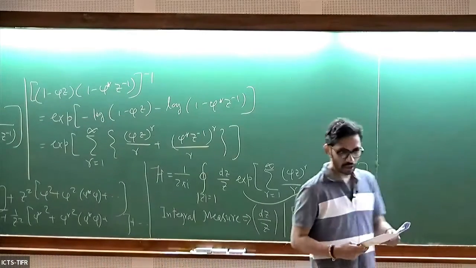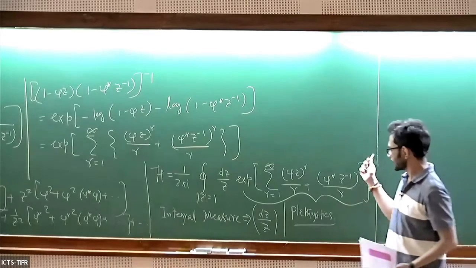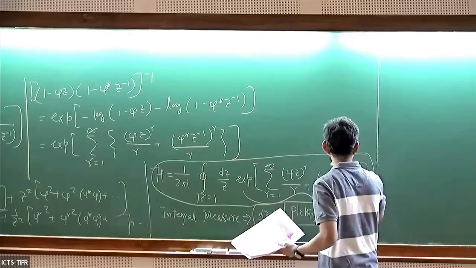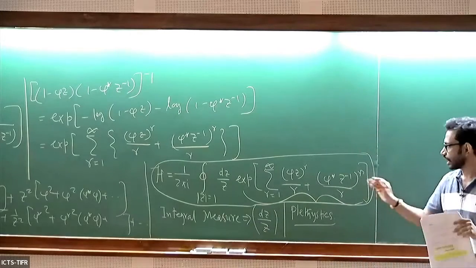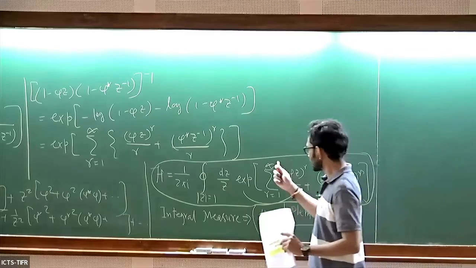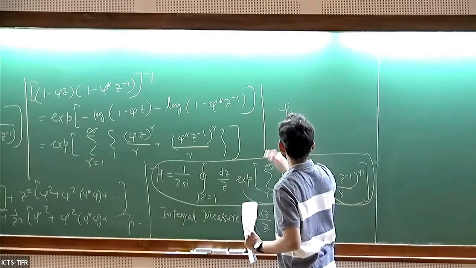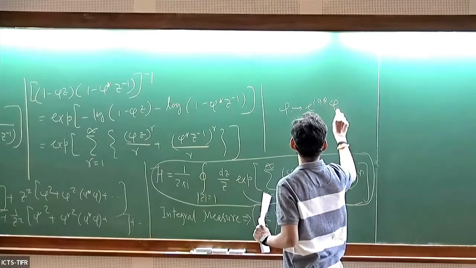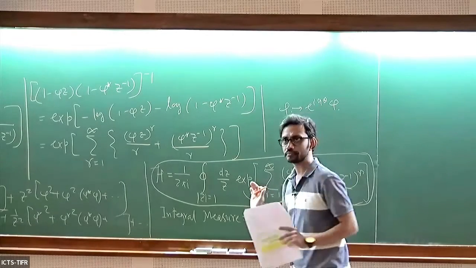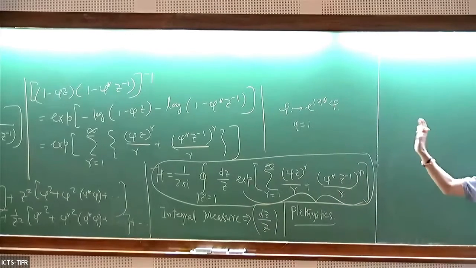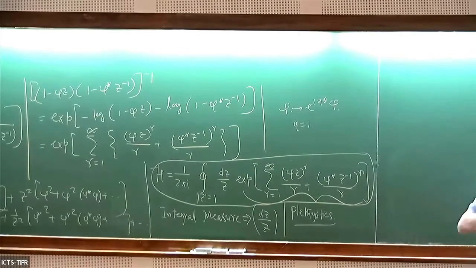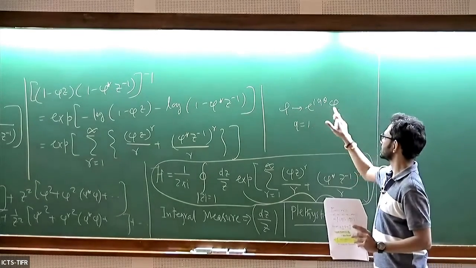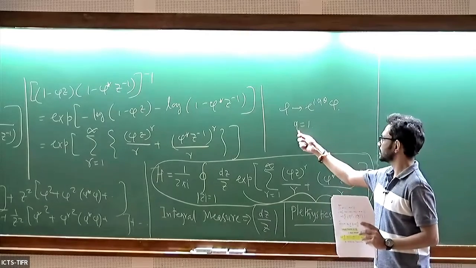Now, if we look at this quantity, what we have learned from here is that there is a field phi which is transforming under, let's say, e to the power i theta phi, where q equal to 1.